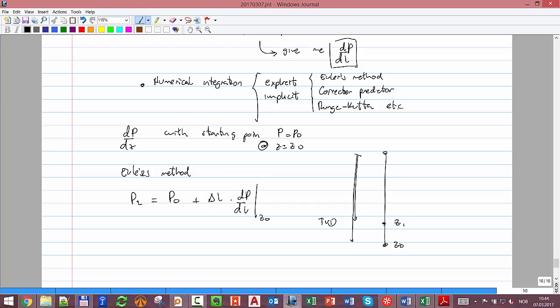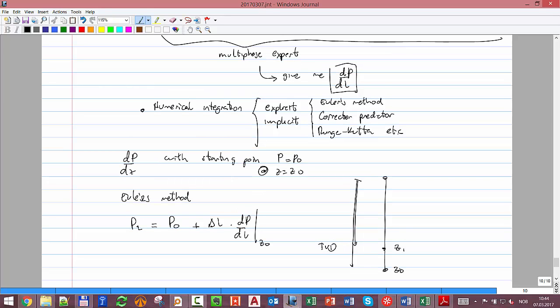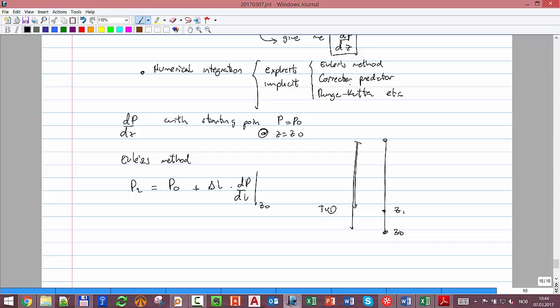Yeah, and if you see that analytical equation dP over dz, you can have many methods to evaluate. That's not exactly numerical integration, but that's called ordinary differential equation, right? Numerical integration of ordinary differential equation.